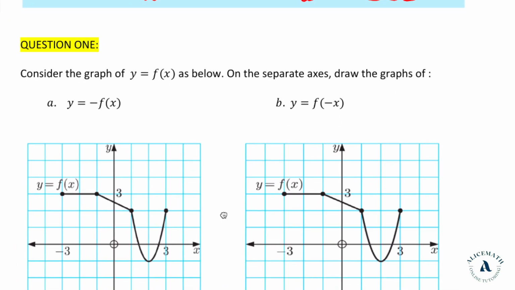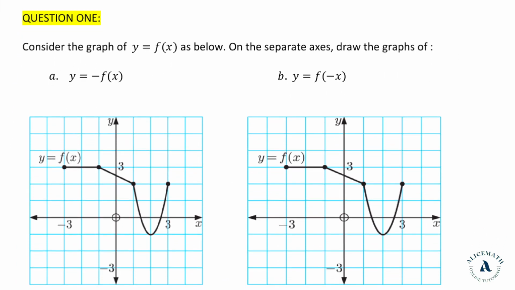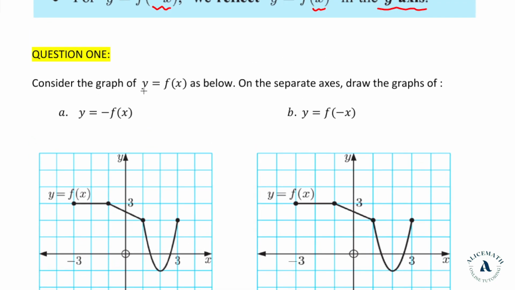Question 1. Consider the graph of y equals f(x) as below. On the separate axis, draw the graphs of y equals negative f(x). So y equals negative f(x) compared with the previous function f(x), which means x is the same, and then we change the sign of y, which means here we have a reflection in the x-axis.